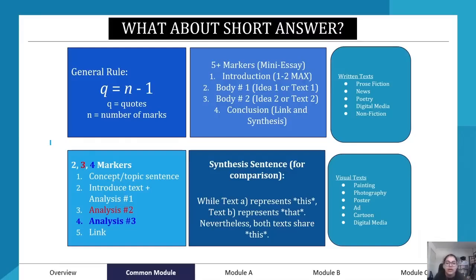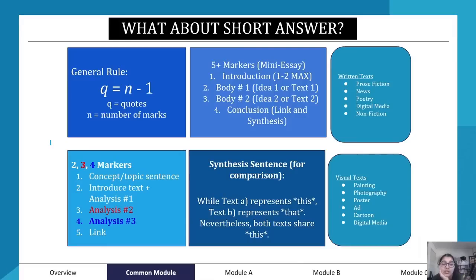For 2, 3, 4 markers, remember, if it's a 2 marker, you only need 1 piece of evidence. 3 marker, you need 2. 4 marker, you need 3. So synthesize sentence. So if there is a comparison question, a synthesis sentence is quite important because it basically will help you put the two ideas together.